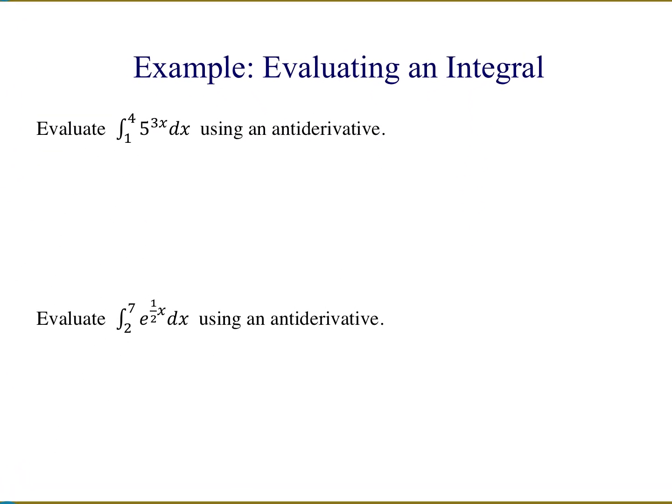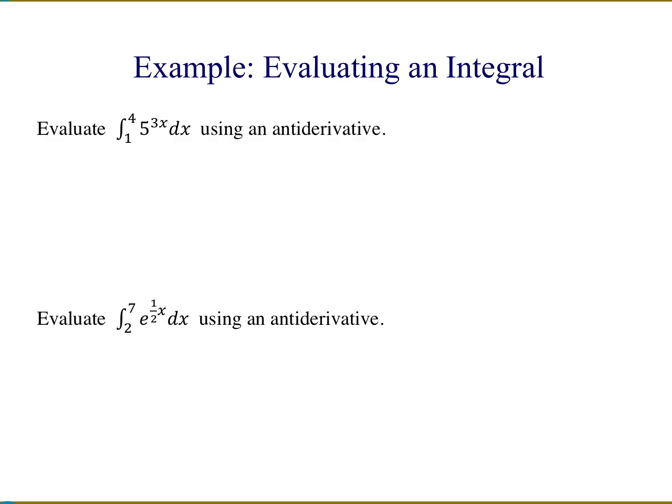All right, let's take a look at a couple of exponentials. Remembering how to do an antiderivative assumes that you remember how to do a derivative. If we were trying to find the derivative of 5 to the 3x, what would we do?